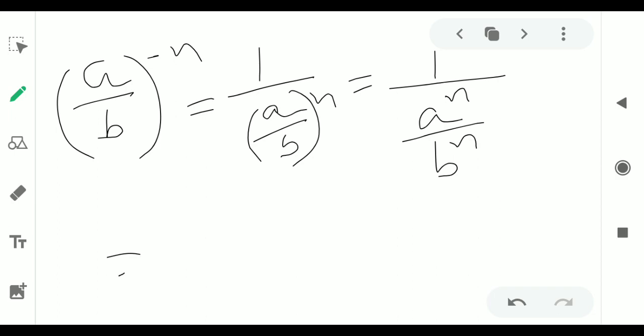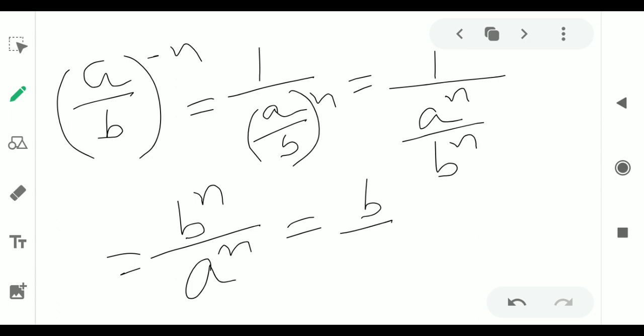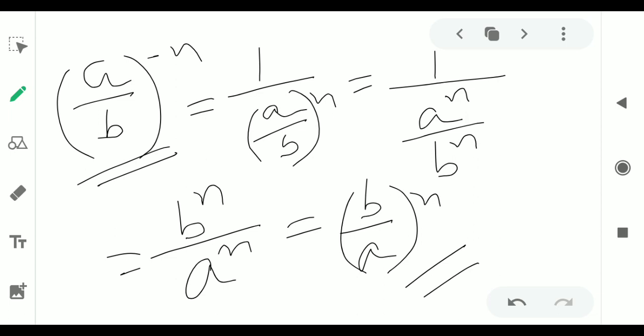This b to the power n will go on the upside, so we can write b to the power n by a to the power n. So we can directly write (b by a) whole to the power n. Understand? So (a by b) whole to the power minus n is equal to (b by a) whole to the power n.